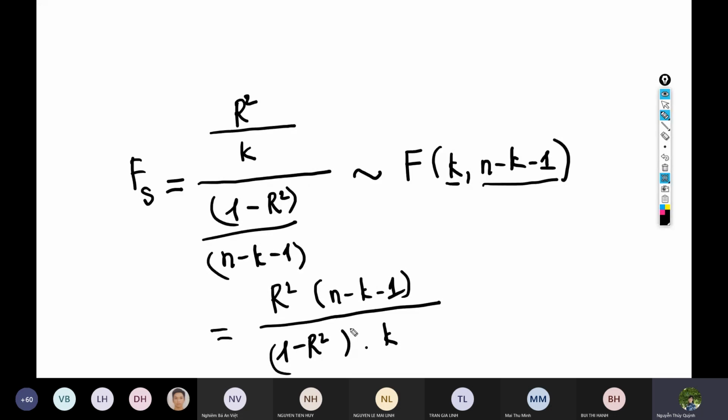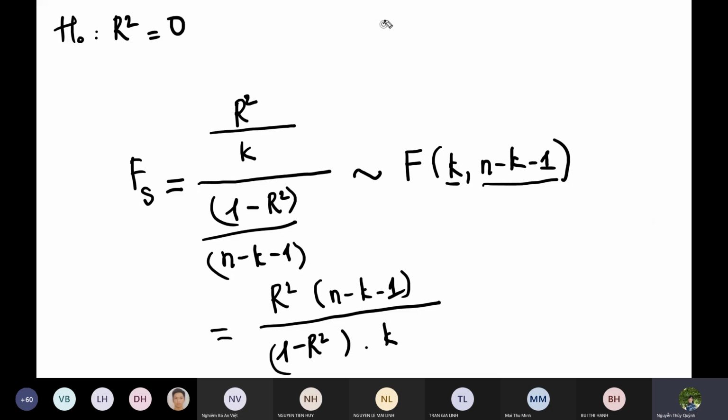What will happen if the null hypothesis is true? What will be the value of f if the null hypothesis is true? Zero. Yes, exactly. Our null hypothesis here is that R squared is equal to 0, so if the null hypothesis is true, then our f here will also be equal to 0.